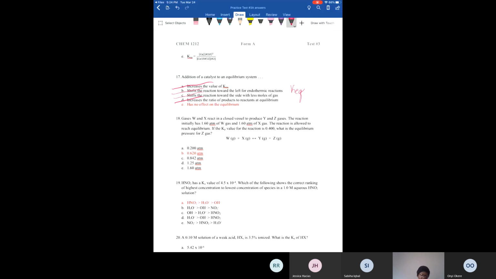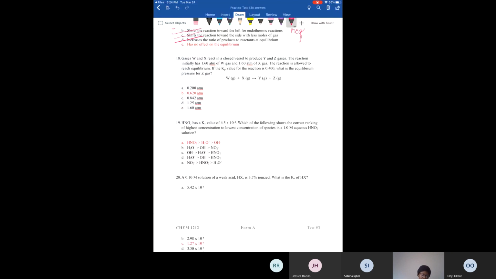Okay, so gases W and X react in a closed vessel to produce Y and Z gases. The reaction initially has 1.6 atm of W gas and 1.6 atm of X. The reaction is allowed to reach equilibrium. If the Kp value of the reaction is 0.4, what is the equilibrium pressure for Z gas? Okay. So we got ICE.